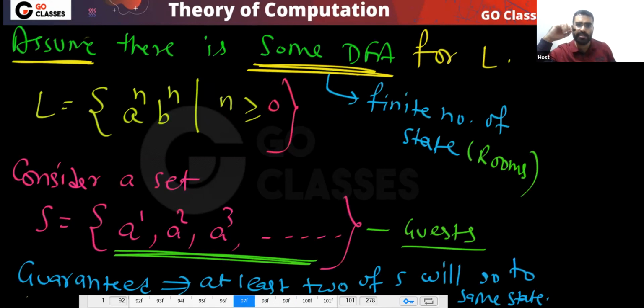Now you can notice, you can guarantee that at least 2 of them will go to the same state. Now there is a problem. You are saying at least 2 of these guests will go to the same room, so can I assume 2 strings randomly?